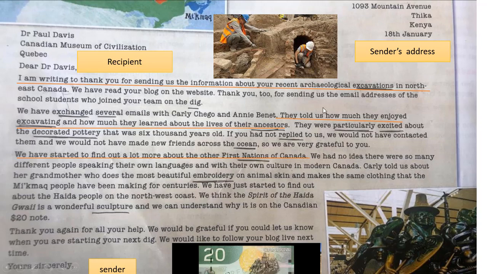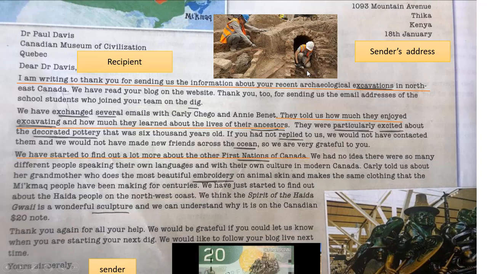He is sending a letter to thank Dr. Davis for sending him information about the archaeological excavation in northeast Canada. So he's going to thank the doctor for sending him information about the archaeological excavation.